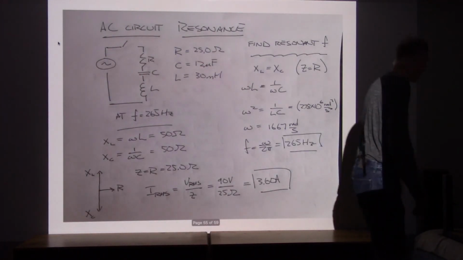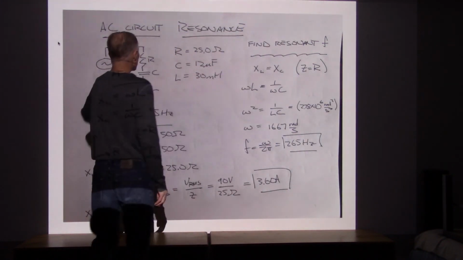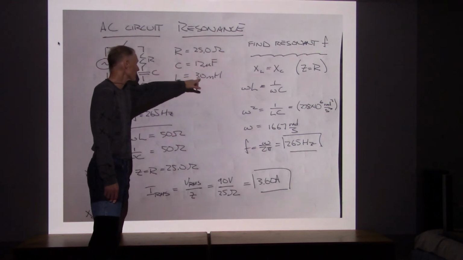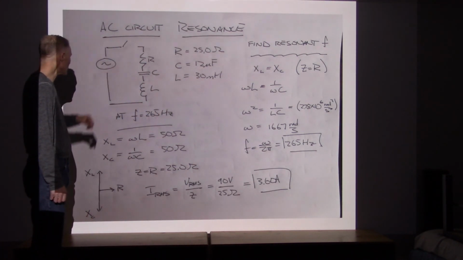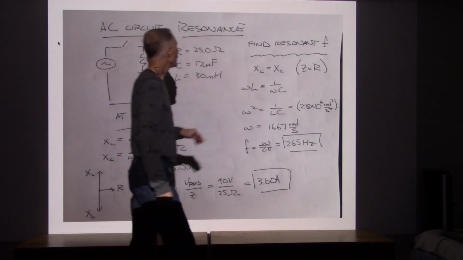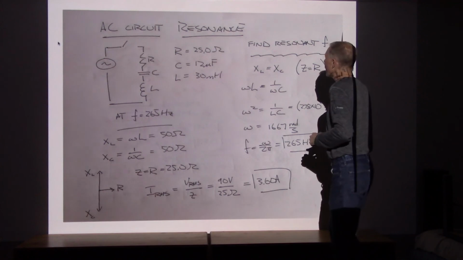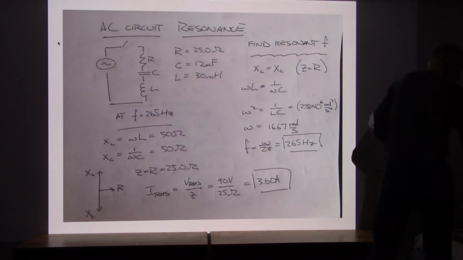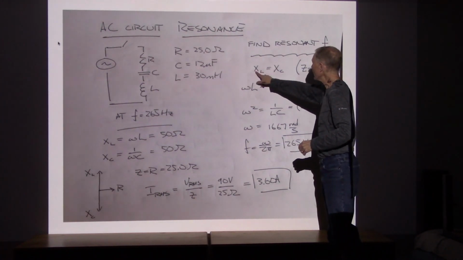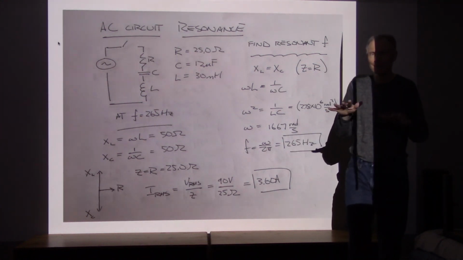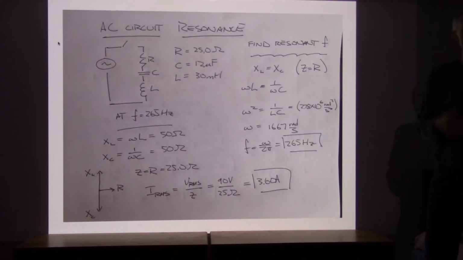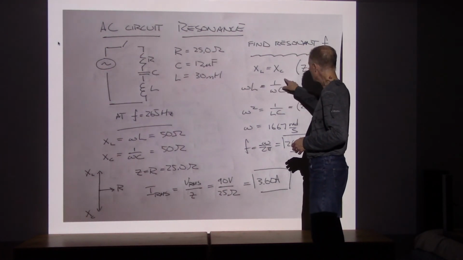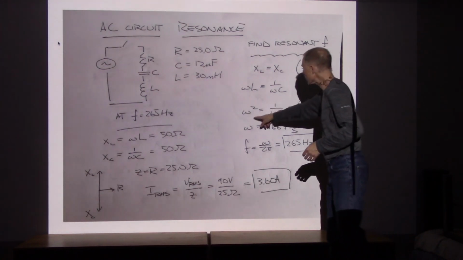So here's how we do it. Very same circuit, 25 ohms of resistance, 12 microfarads of capacitance, 30 millihenries of inductance. That's what the circuit looks like. And what we're going to do is this. We're going to go to the right side first. To get the overall Z to be as small as possible, I want the reactance of the inductor to exactly cancel out the reactance of the capacitor. That's doable because I can take omega L, set that equal to 1 over omega C, and then I can solve for omega.